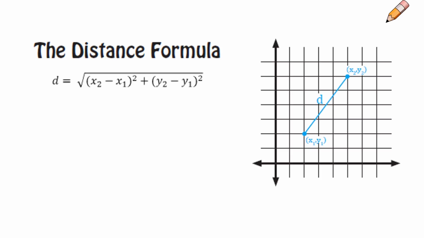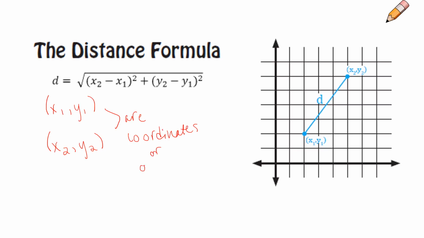So underneath that formula, I just want you to remind yourself that the ordered pairs x1, y1, and x2, y2 are coordinates or ordered pairs. So that's where these numbers are coming from. They're coordinates or ordered pairs given to us on a graph.